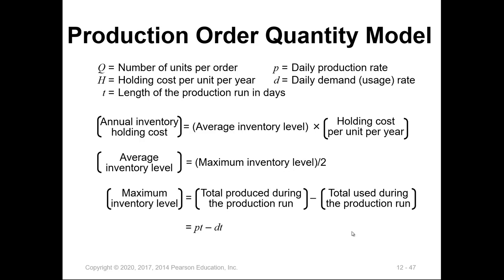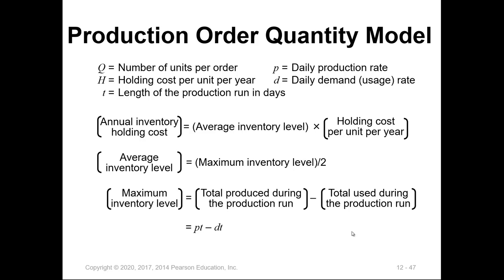So using the following symbols, we can determine the expression for the annual inventory holding cost for the production order quantity model. Now remember that all we care about is minimizing the overall cost, and that's by minimizing the holding cost and the setup cost.